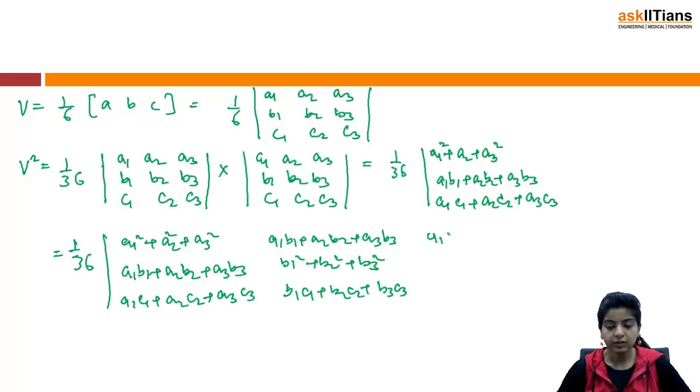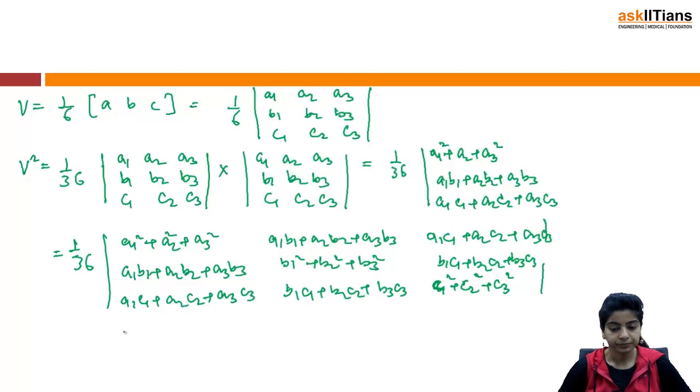And the third row is A1 C1 plus A2 C2 plus A3 C3, then B1 C1 plus B2 C2 plus B3 C3, and C1 square plus C2 square plus C3 square. This is the determinant.